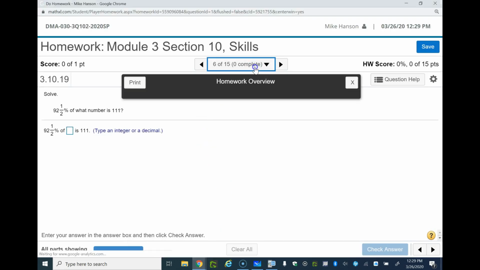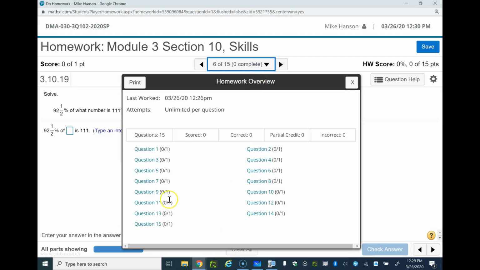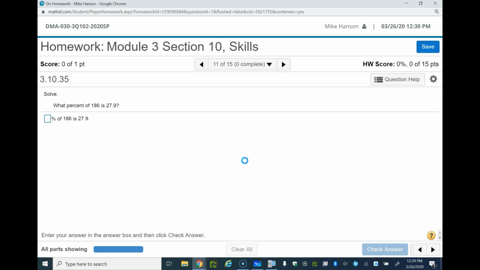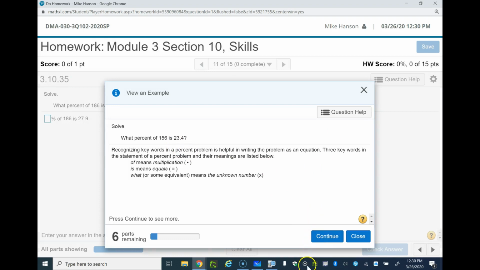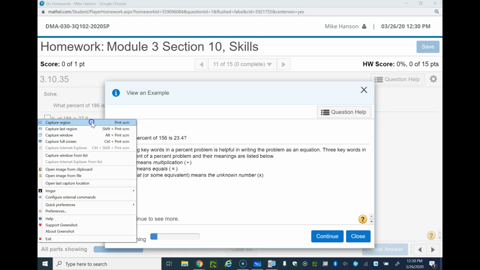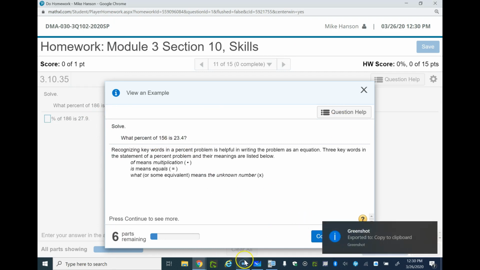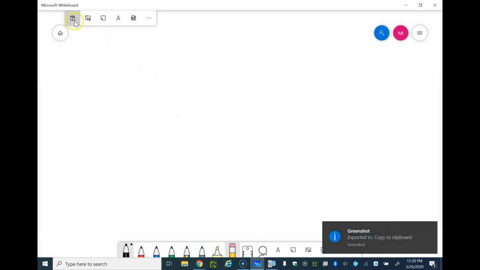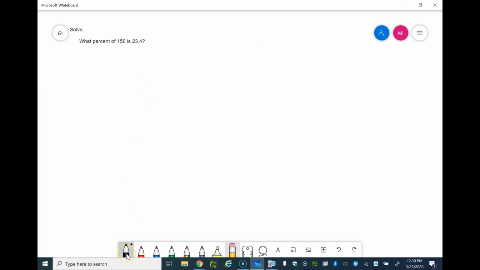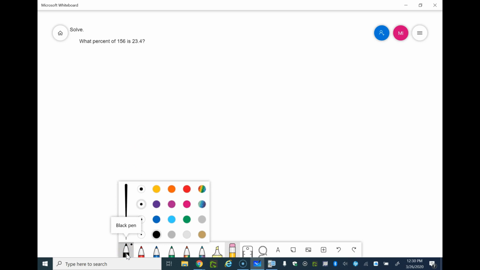I'm going to pull from number 11 this time. Copy and paste the problem to our whiteboard. Okay. So once again, we go ahead and set up our proportion.